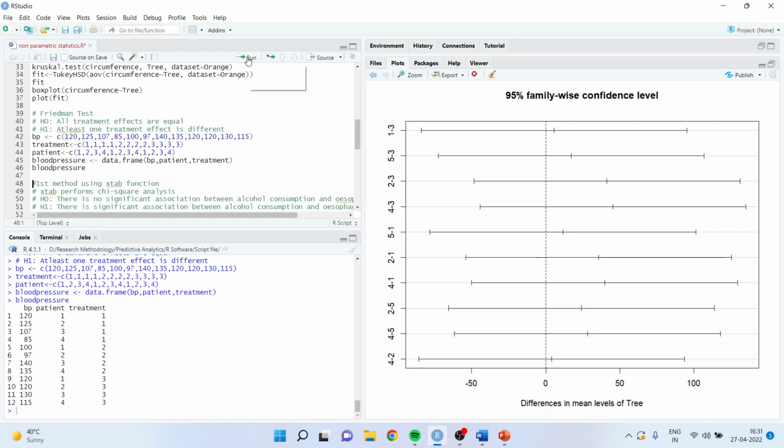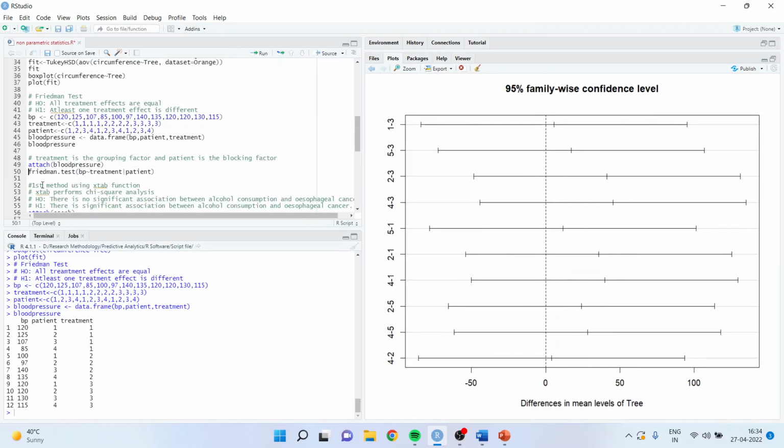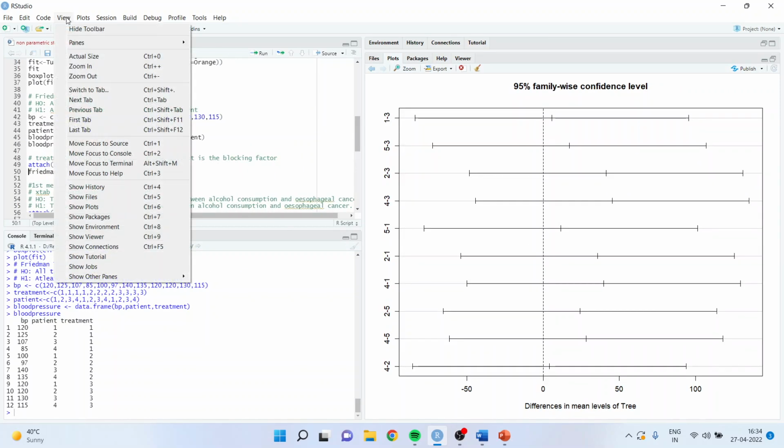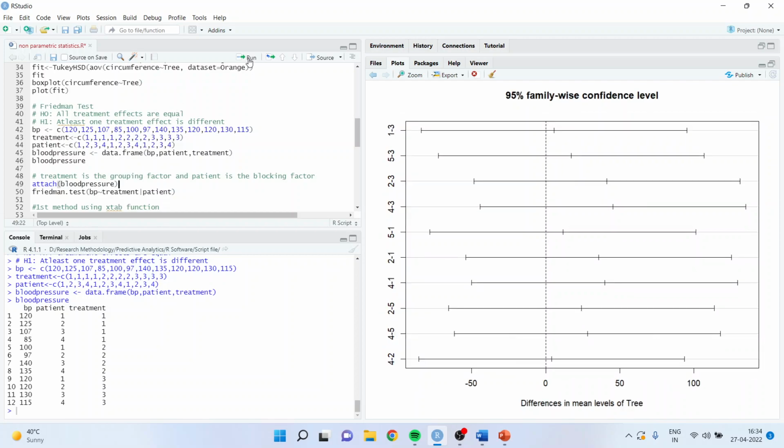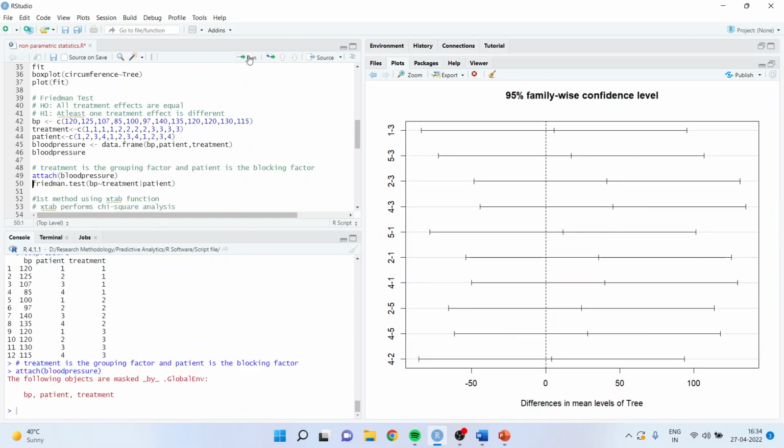Then the blood pressure data frame is created, and we will carry out the Friedman test. Now we will formally run the Friedman test. First of all, we will attach the blood pressure to make the command line simple. The null hypothesis is there is no significant difference in the blood pressure according to the treatment, keeping patient as a blocking factor.